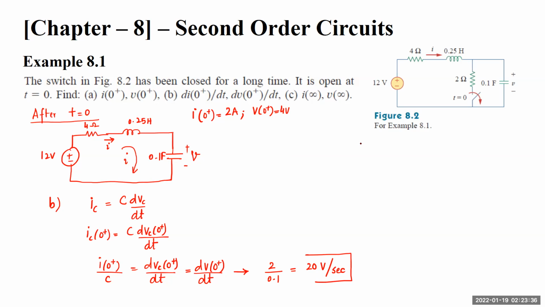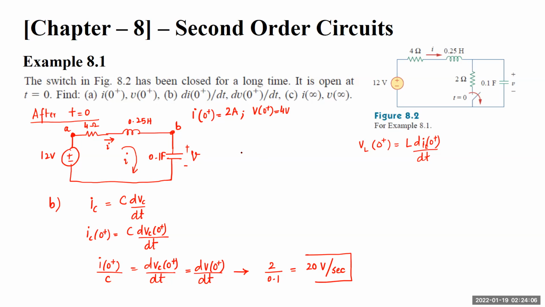Similarly, across the inductor, we know that VL(0+) is equal to L times di(0+)/dt, right? So we have to find out what is the voltage across this inductor. So let's say this is node A and this is node B. What is the voltage across these?